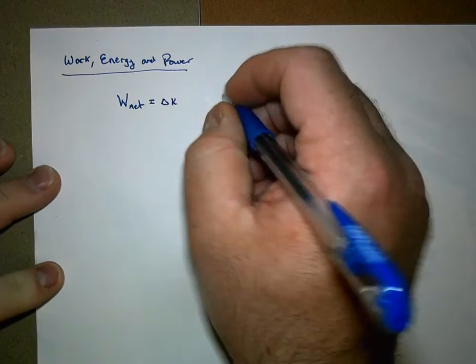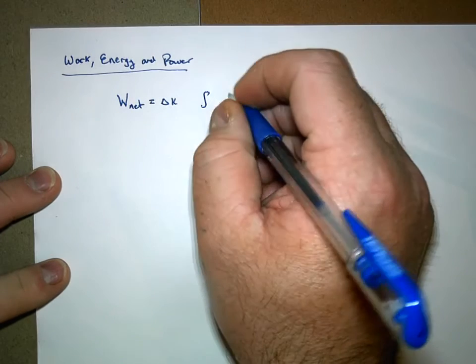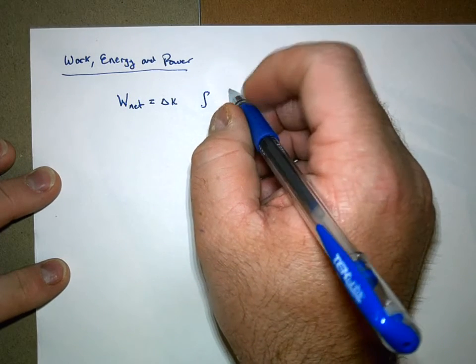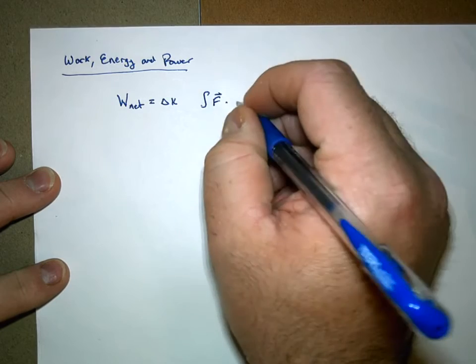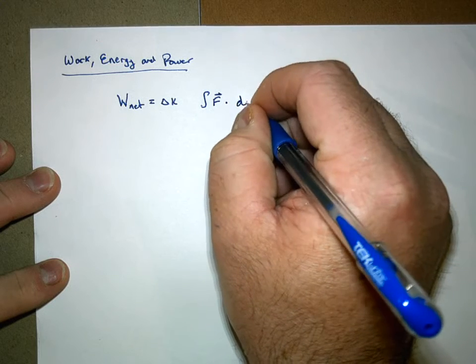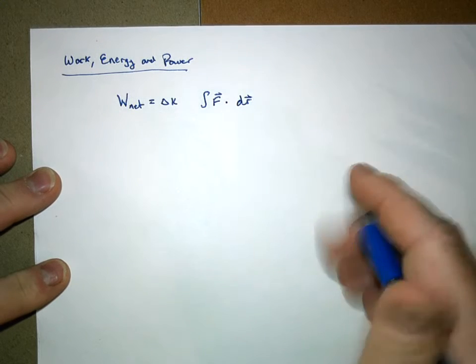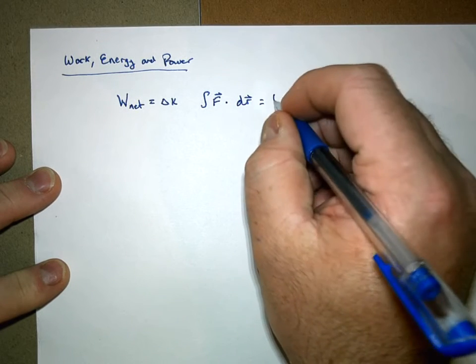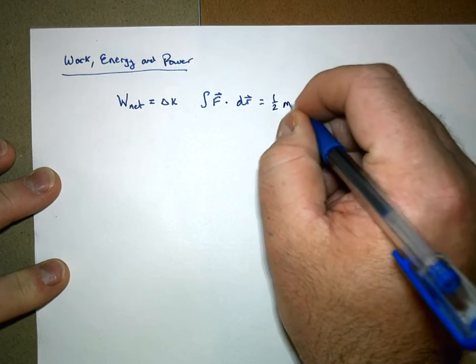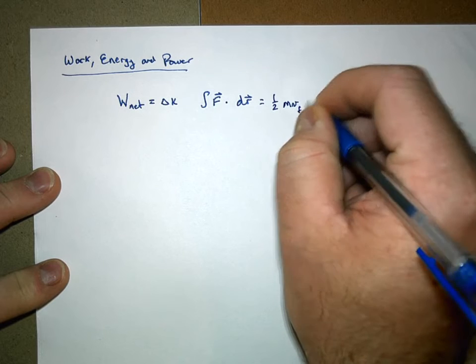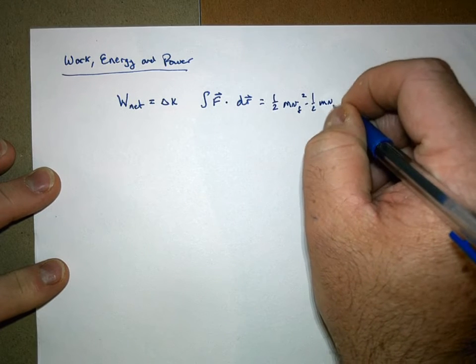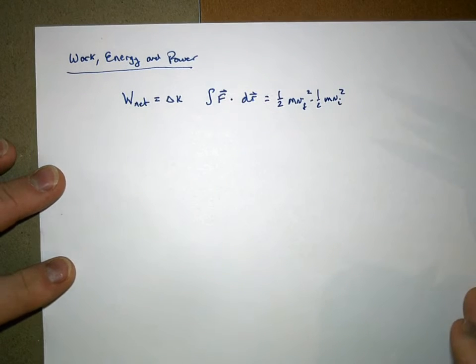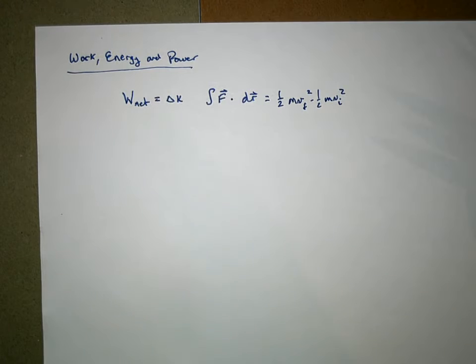We get our integral of our force times our displacement, and this winds up giving us 1/2 m v final squared minus 1/2 m v initial squared, right?